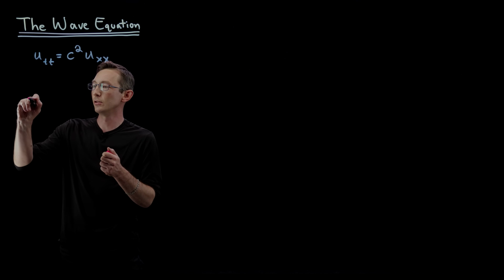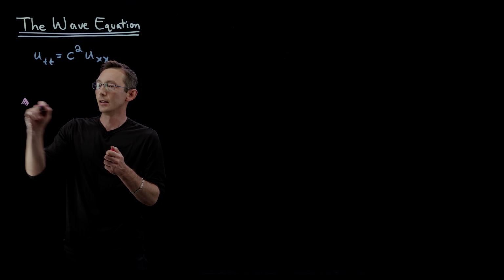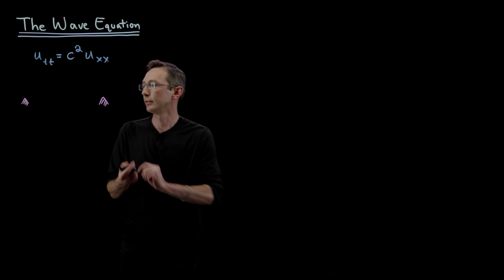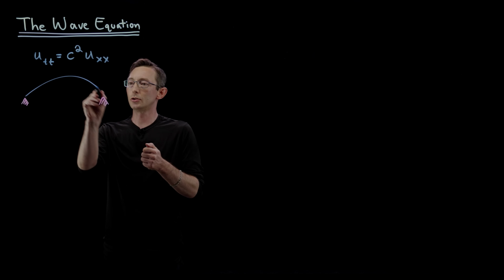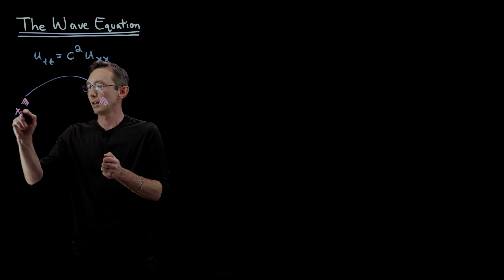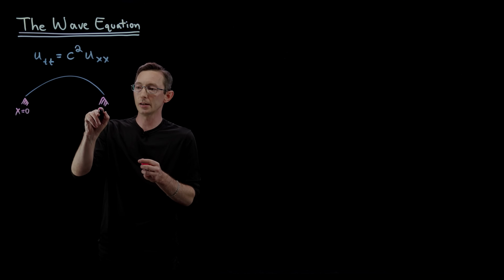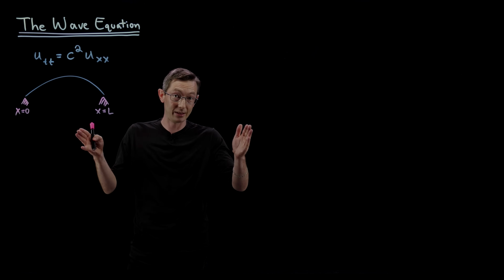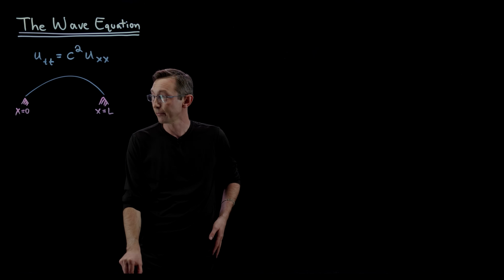We're going to assume that we have a string that is pinned between two locations. This is the x equals 0 location, and this is the x equals L location. That's the length of my guitar string in this case.